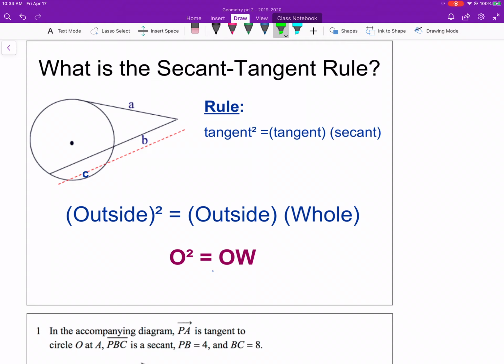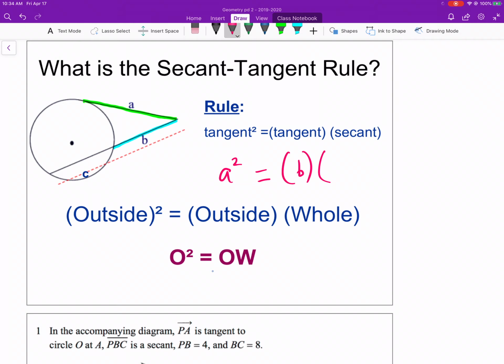So the tangent here is a, right there. So that would be a squared is equal to, now the tangent below is b, and they're just saying that outside section, b. So it is equal to b times the secant, which is actually the whole thing.